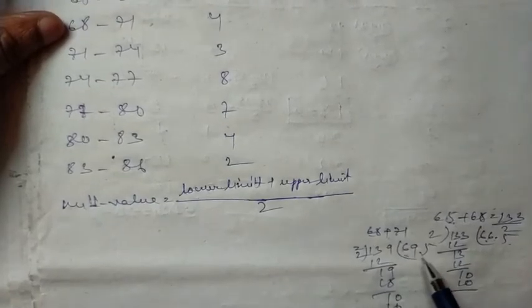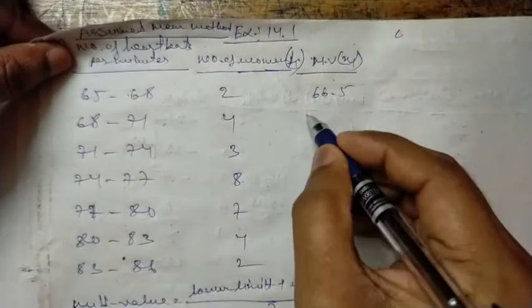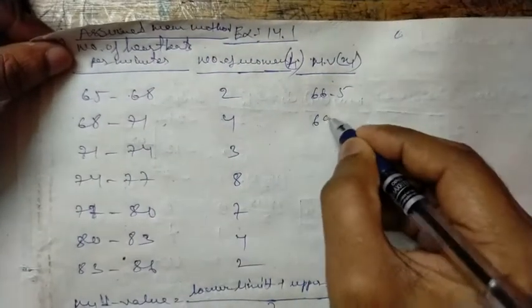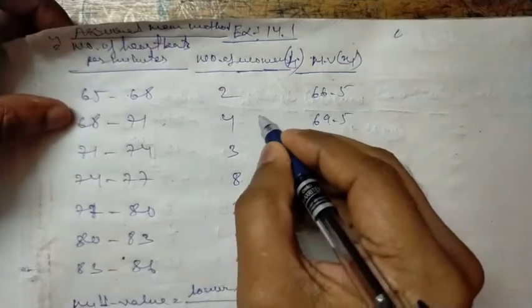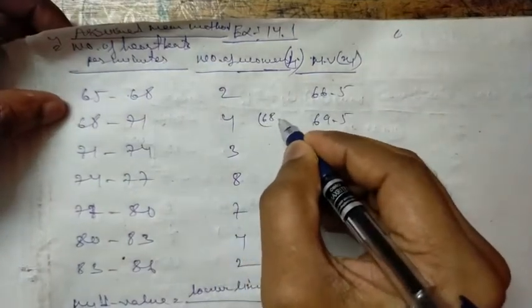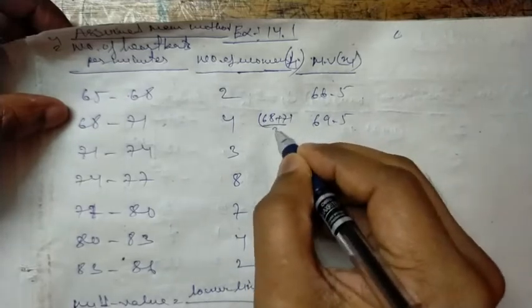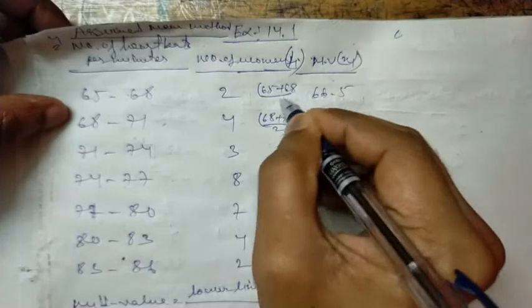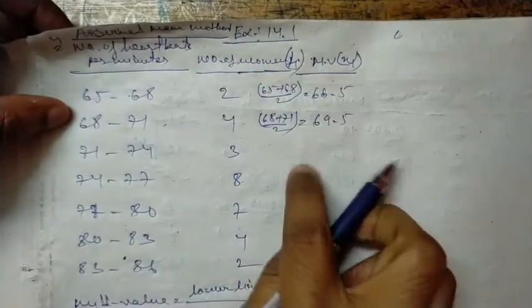So we got 69.5. I've shown you here also 71 divided by 2, and 65 plus 68 divided by 2. So we have got these values.